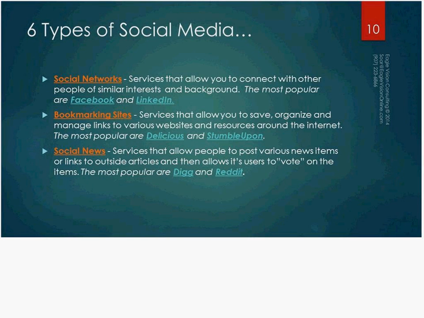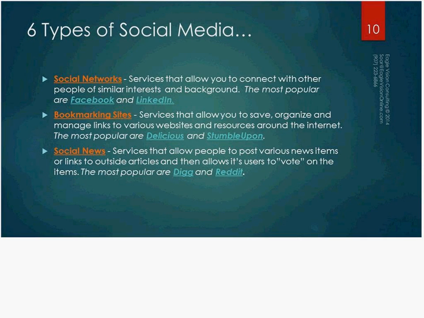Those types of social media are, first, social networking, which is pretty much Facebook and LinkedIn. Those are the most popular ones, and they allow individuals to connect with other people with similar interests or backgrounds, topic areas, those kinds of things. And then the next is bookmarking sites, which is StumbleUpon and Delicious, and there are some others out there.